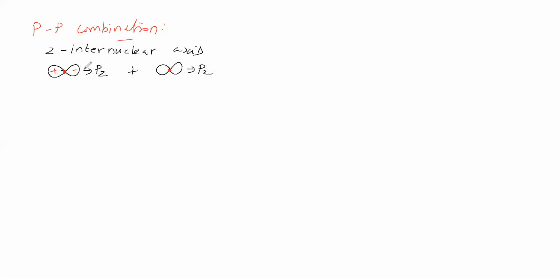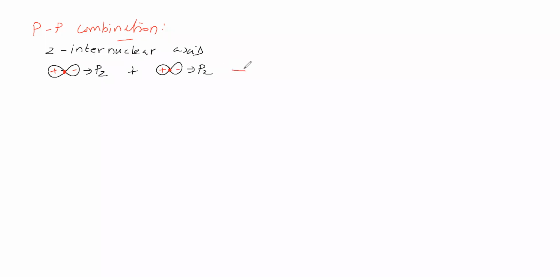The p orbital is not symmetric, so if you give a positive sign to one lobe, you must give the opposite sign to the other lobe. It is not fixed which lobe must be positive: if you give positive to one, you give negative to the other.